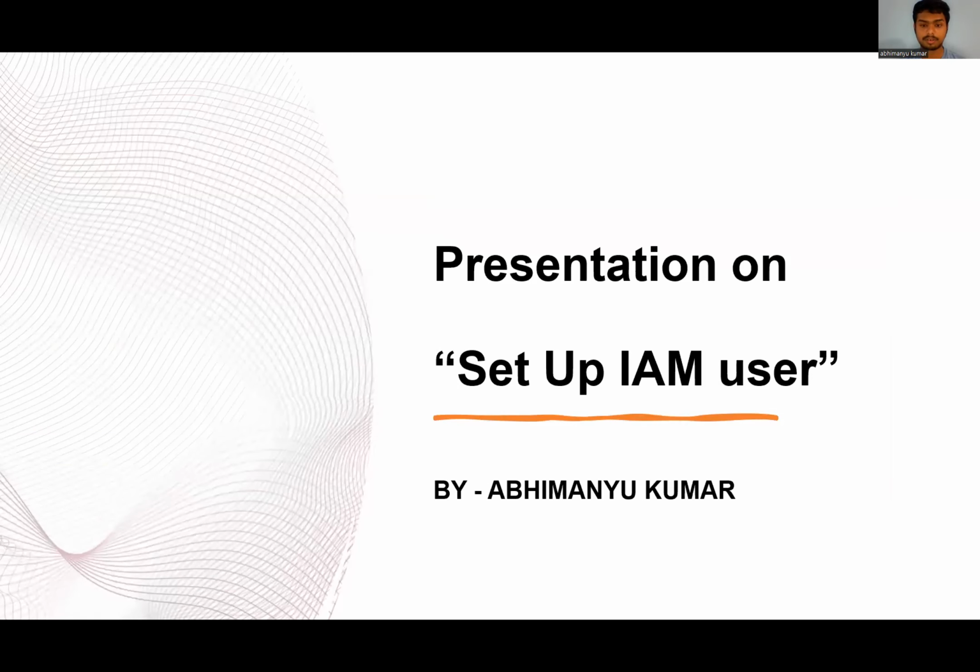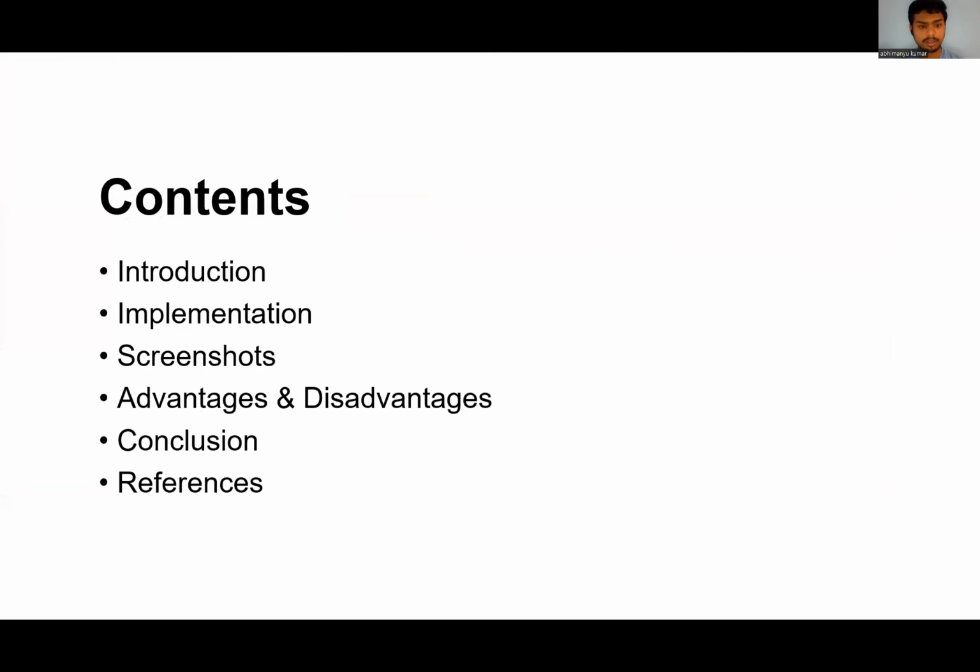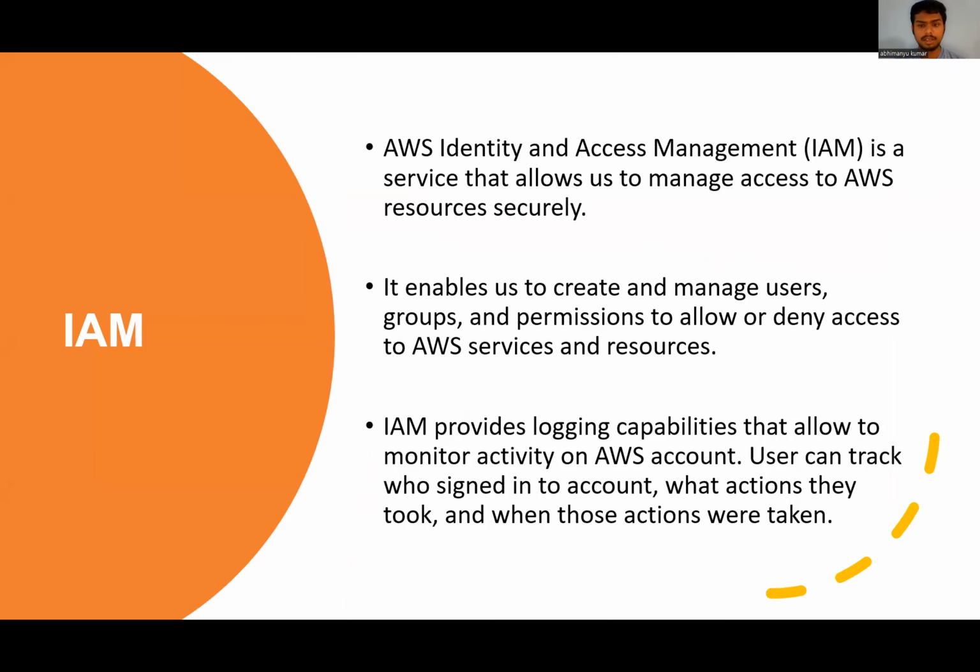Yeah, now it is. So my second topic is setup IAM user. These are the contents of this presentation. So basically, IAM expands to identity and access management. This is a service of AWS which allows us to manage and allow other users to use the services they want to perform.